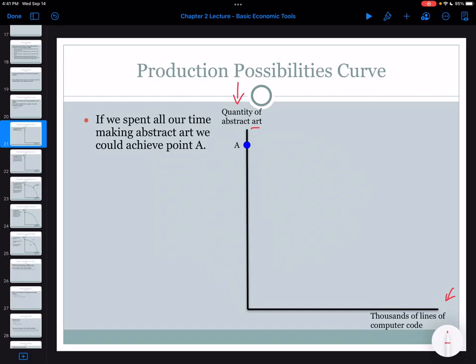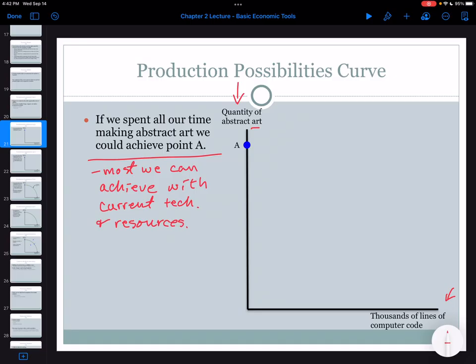All right, so point A is what we could achieve if we spent all of our time making abstract art. We'd be at point A. And what we mean by this is that this is the most we can achieve with current technology and resources.